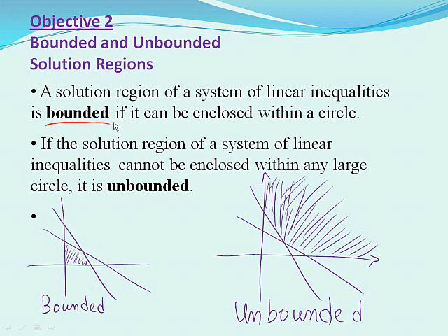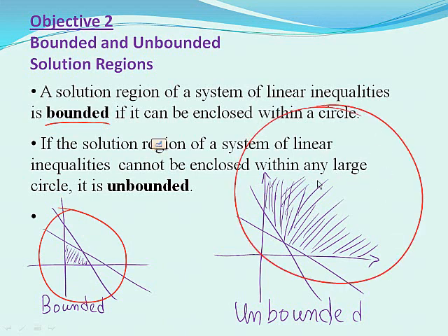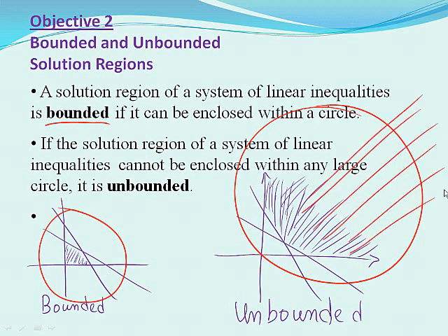The first shaded region here is a bounded region because we can actually enclose this shaded region within a circle like this. The second region here is unbounded because if we try to enclose it within any circle, we still have shaded region that goes outside the circle.